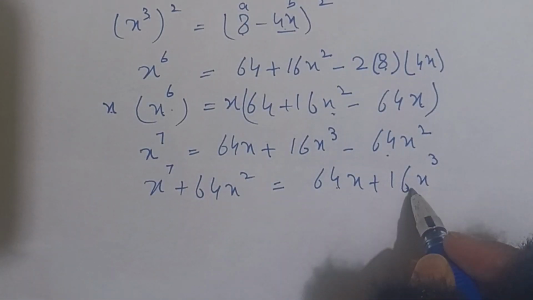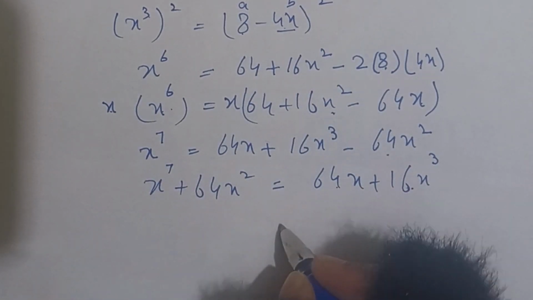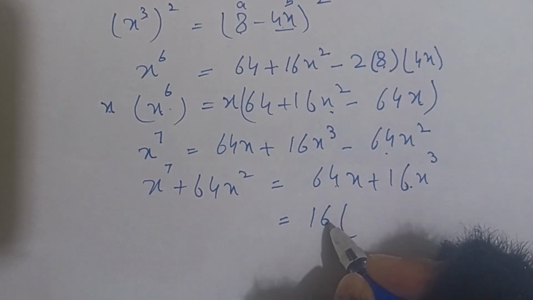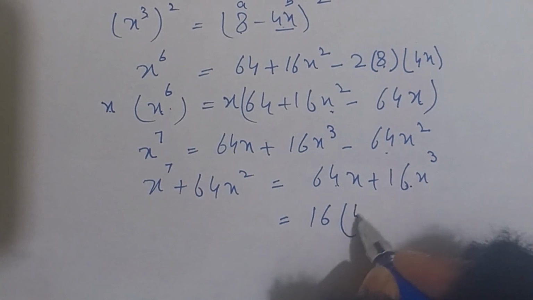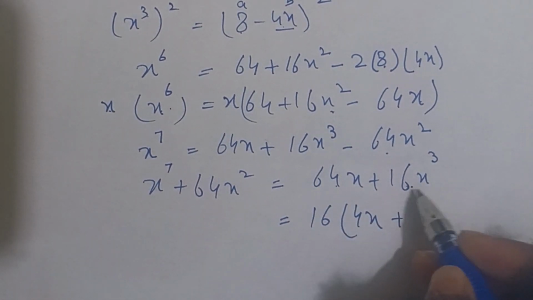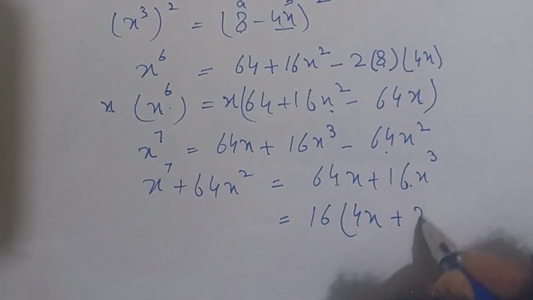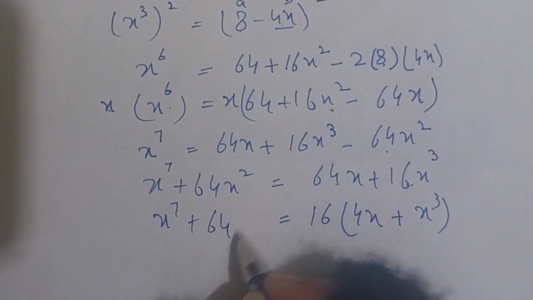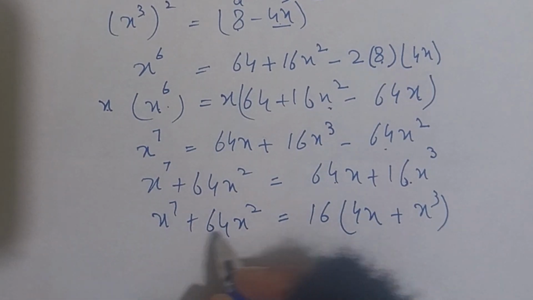Now look at this, 16 is involved in these two terms, so we factor out 16. Dividing 64x by 16 we get 4x, plus dividing 16x cube by 16 we get x cube. So x raised to the power 7 plus 64x square is our left hand side.